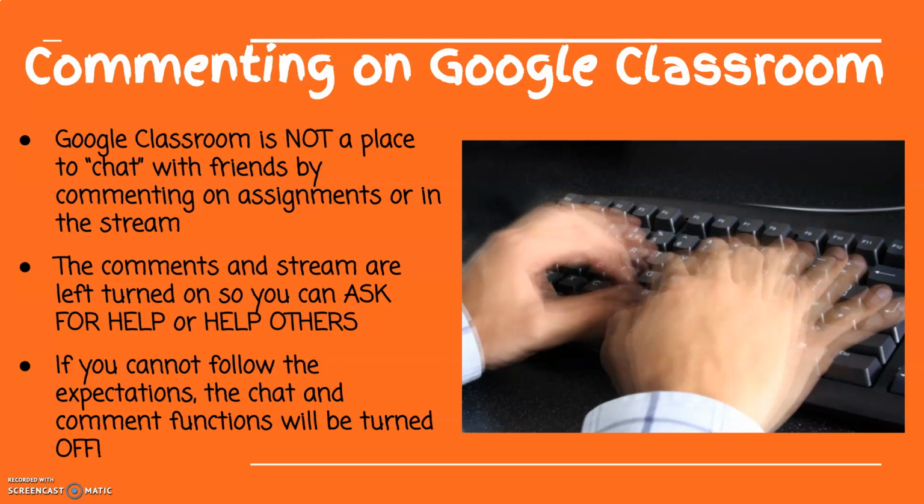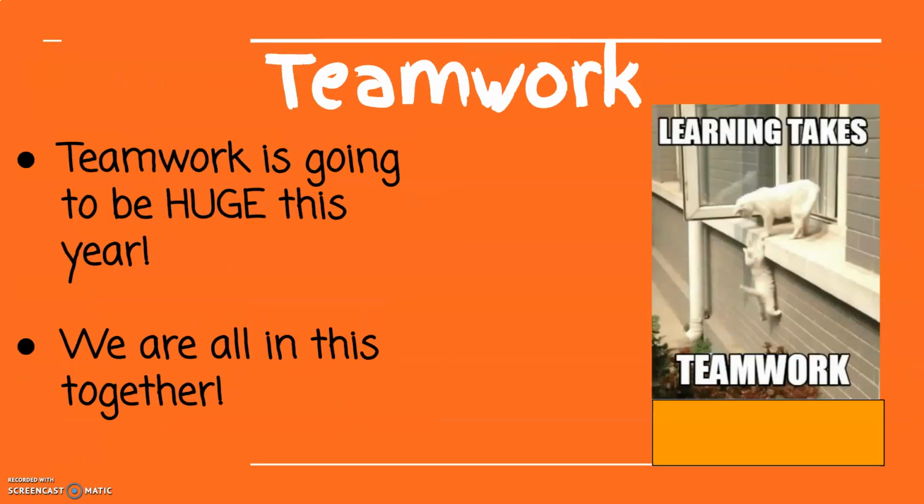So like if Joey asked a question, what color was the assignment from Tuesday? Billy can go on and say it was purple, right? So if I'm not available to answer the question, somebody else can comment on it. But if we start abusing it just to chat about randomness, then it will be turned off. So let's be responsible, please.